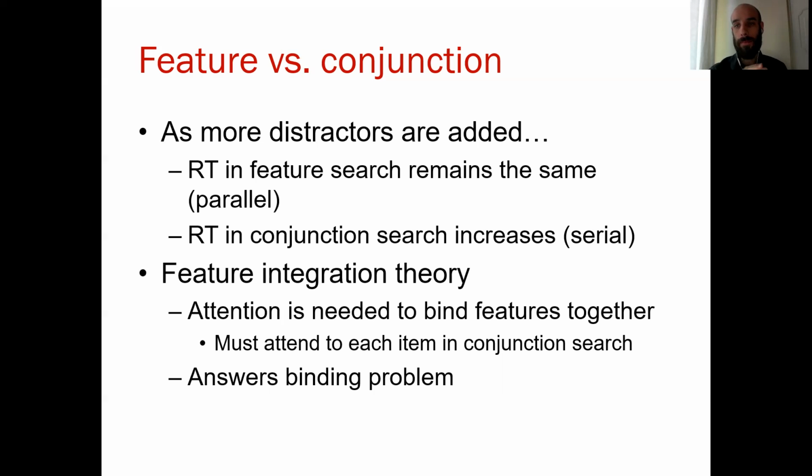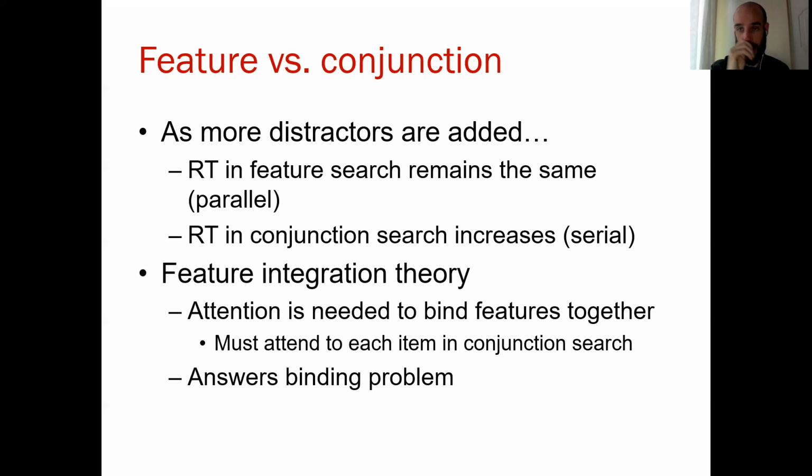Conjunction search, on the other hand, we have multiple features that are different between the target and the distractor. So now maybe I have color and orientation. So I'm looking for a green vertical bar among red and green horizontal and vertical distractors. Okay, and so now that I have two features, now suddenly, as I add more and more distractors, it takes me longer and longer.